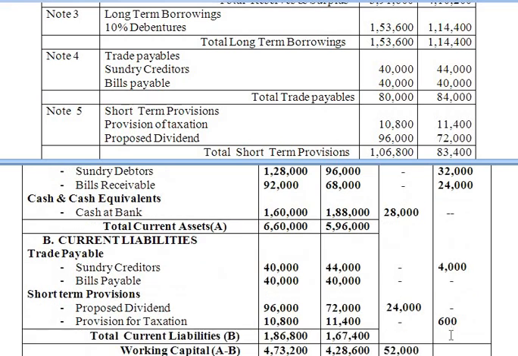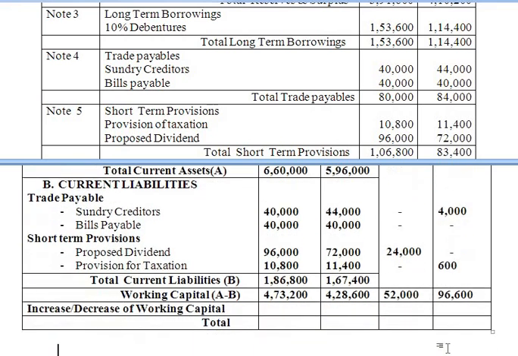Okay, so the total is 96,600. So in the increase column write 96,600.